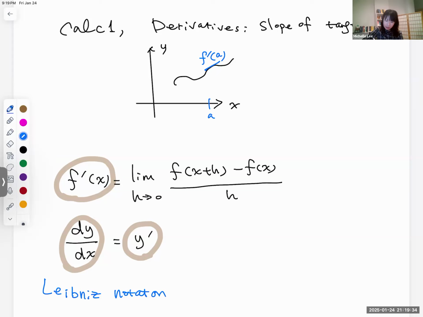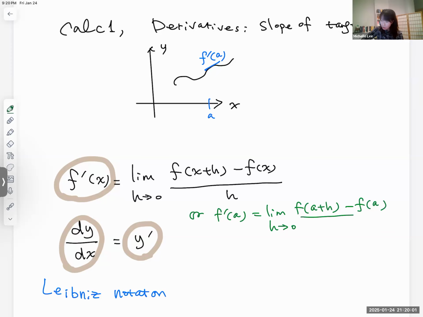So I can just write quickly, f prime of a equals limit h approaches 0 of f of a plus h minus f of a over h, right?